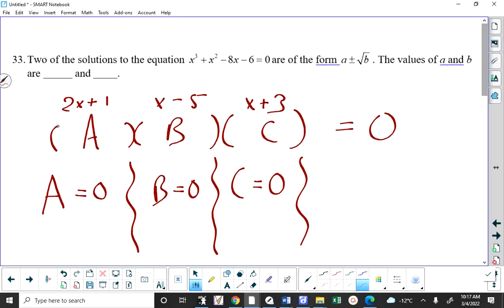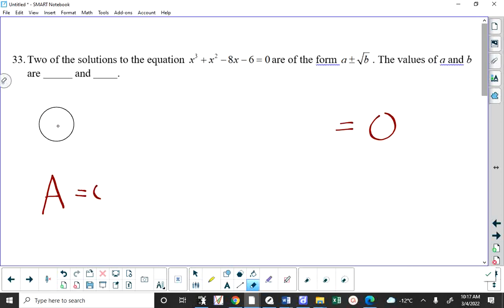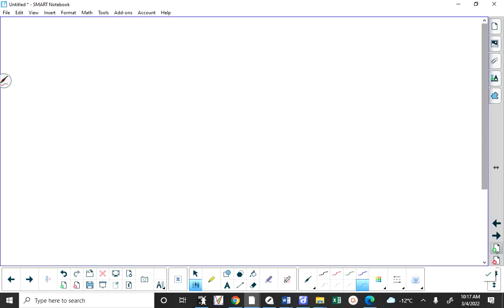The issue, though, with this question, is that just because we have a cubic polynomial doesn't mean it factors into 3 linear factors. We could have a cubic polynomial where it's not factorable at all, like there isn't even a linear factor to it. I need to back up and go into Math 20.